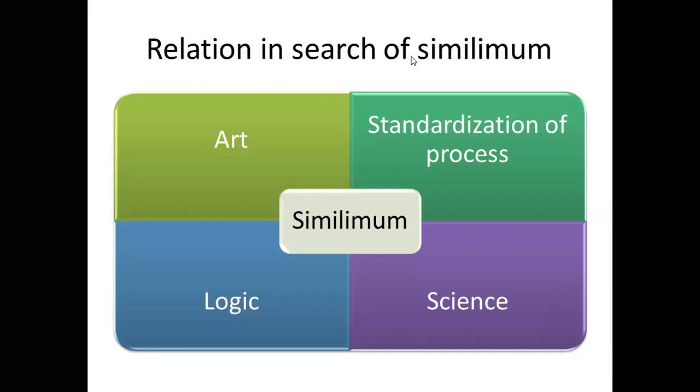I think it is clear now. So remember, each and every aspect of similimum, like art, science, logic, standardization, procedure, is enriched and more and more benefited by the development of repertory.